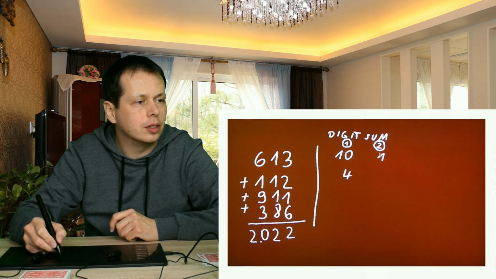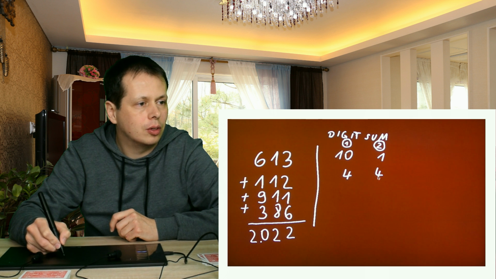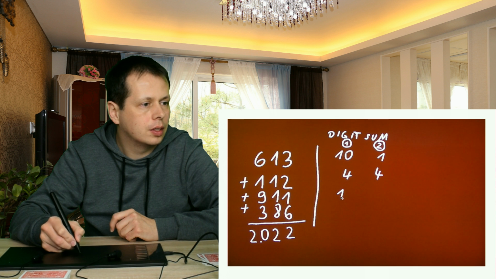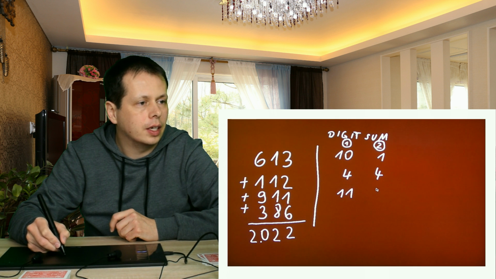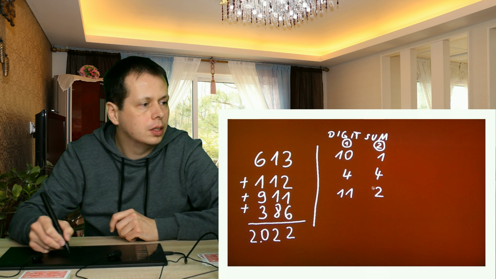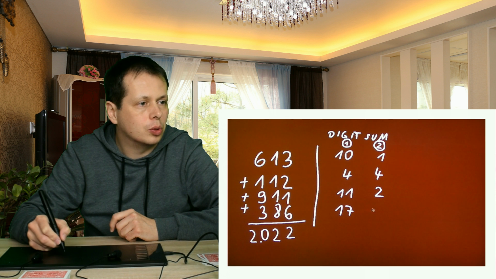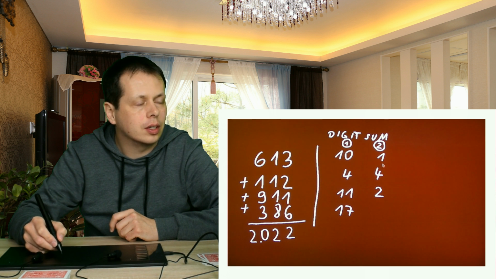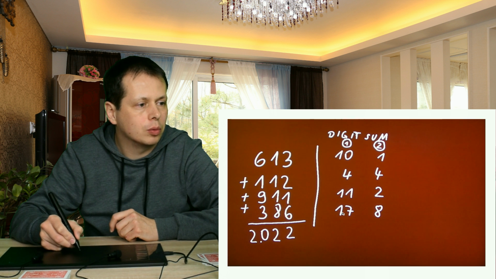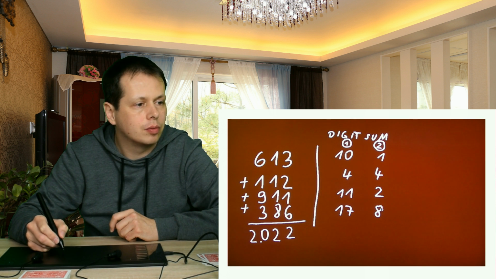The second is also 4. This is 11. And the next is 2, because 1 plus 1. And here is 17. So the second digit sum is 8, because 1 and 7 is 8.